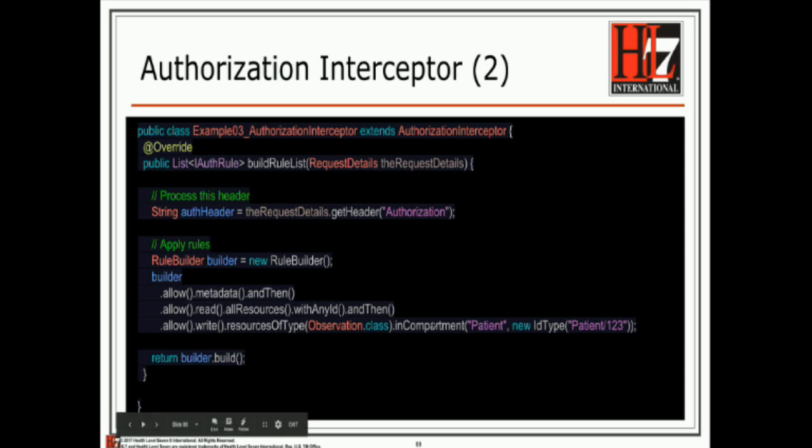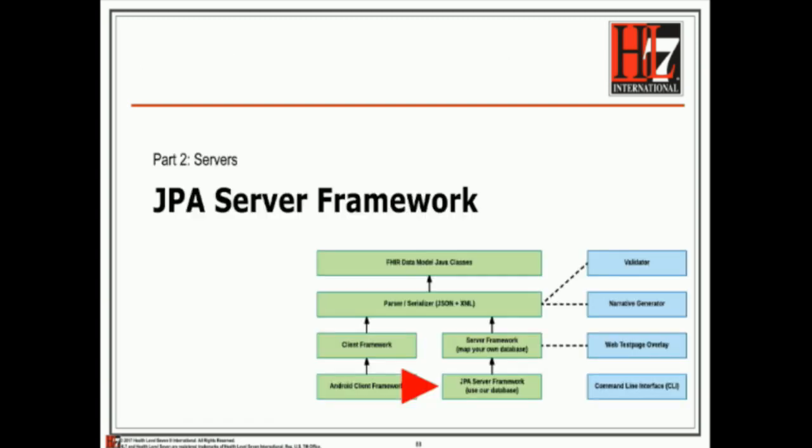And for this, we're using what FHIR calls compartment-based access. The FHIR compartment basically means any observation that has a subject or a patient relating to that specific patient resource, so basically observations about that patient. There are lots of ways of doing this, and the authorization interceptor and its rule builder is an extensive framework. There's a lot in there.